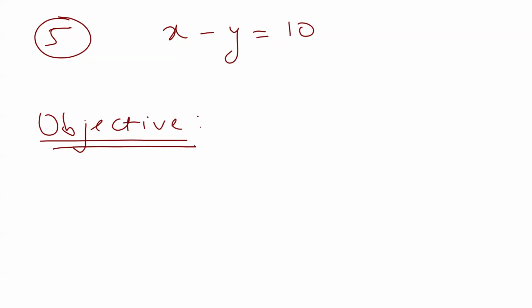Find the numbers if the square of the greater exceeds twice the square of the smaller by the maximum amount. Okay. So to maximize what? Square of the greater.